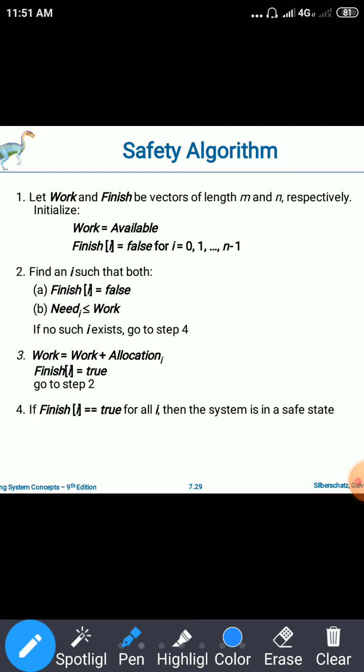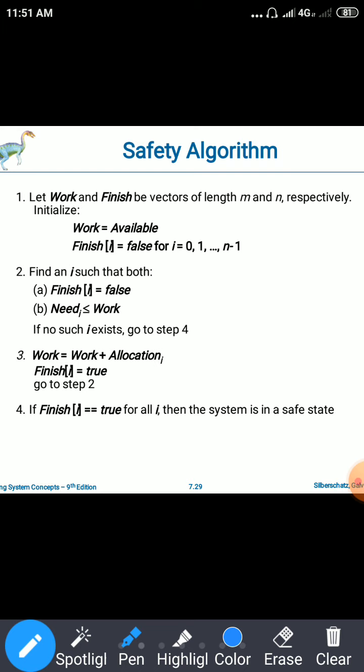Okay, so here we are using two vectors, Work and Finish, of length m and n, and we are initializing Work equal to Available, meaning the available resources are initialized. We initialize Finish[i] equal to false, meaning no process has completed its execution, all are in the ready queue and ready for execution.